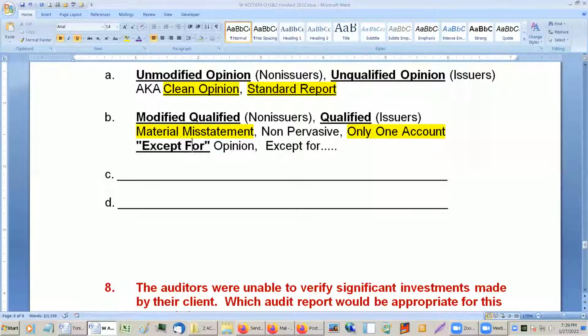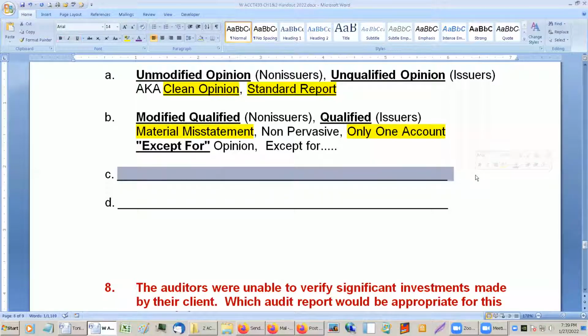It's just this one account, whatever it is, that has a problem. So a qualified opinion is one of those things where usually only one account has a problem.